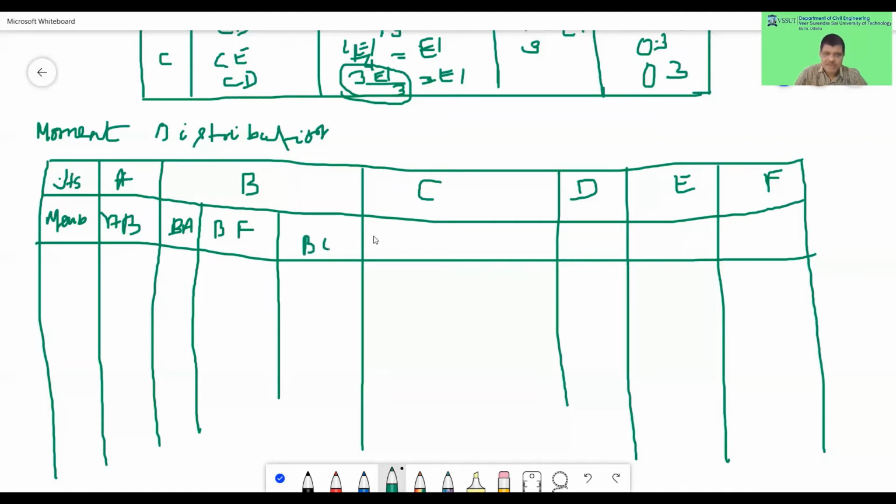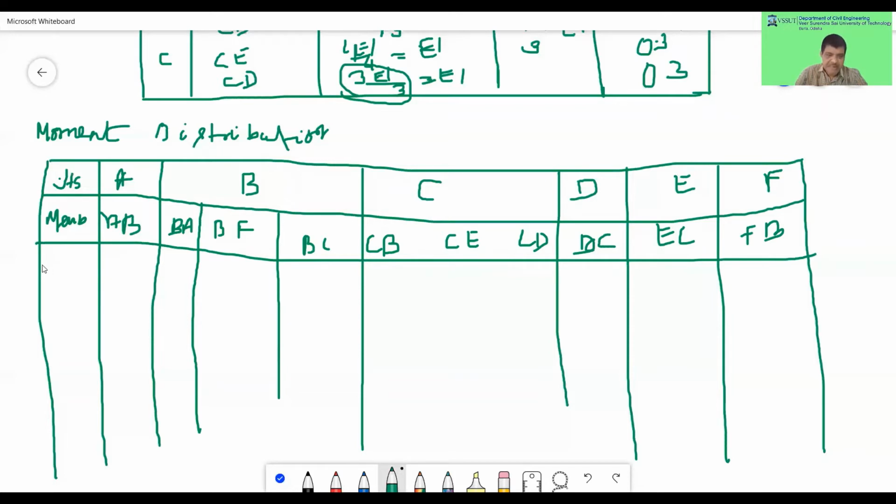Here also CB, CE, and CD, DC. These are the members.